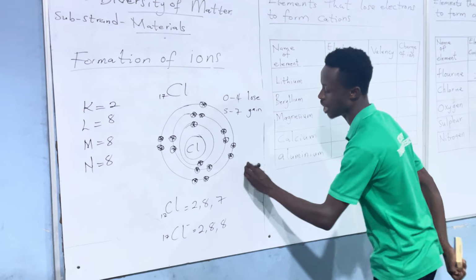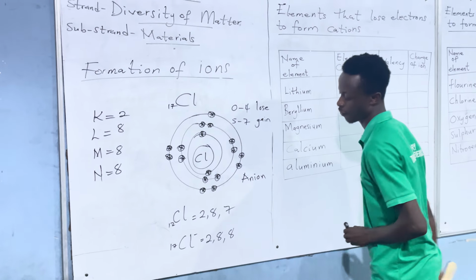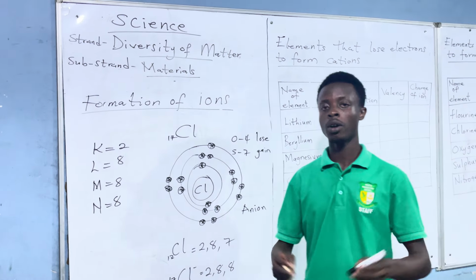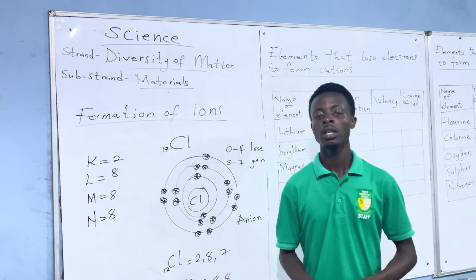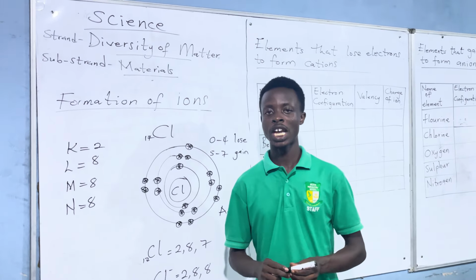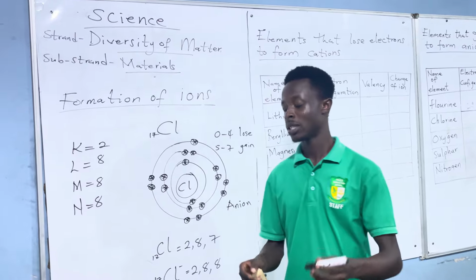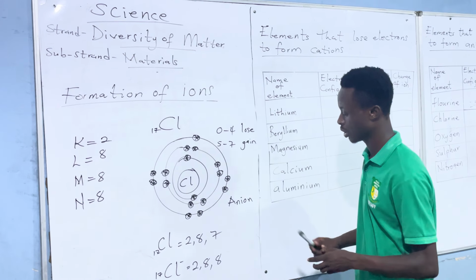In this case, we say an anion is formed. An anion is an ion that carries a negative charge.